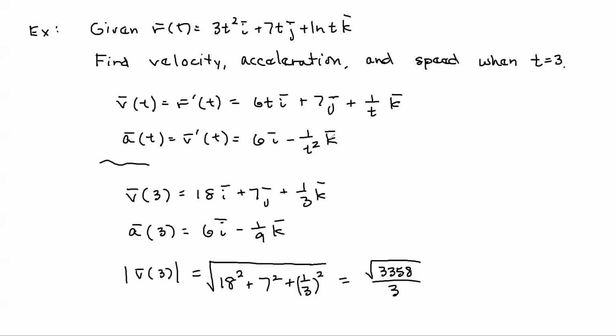You can not only see how the position is changing as a whole, but break it down into components. You can see how the velocity is changing in the x direction by looking at the i component, and same thing for j or k.